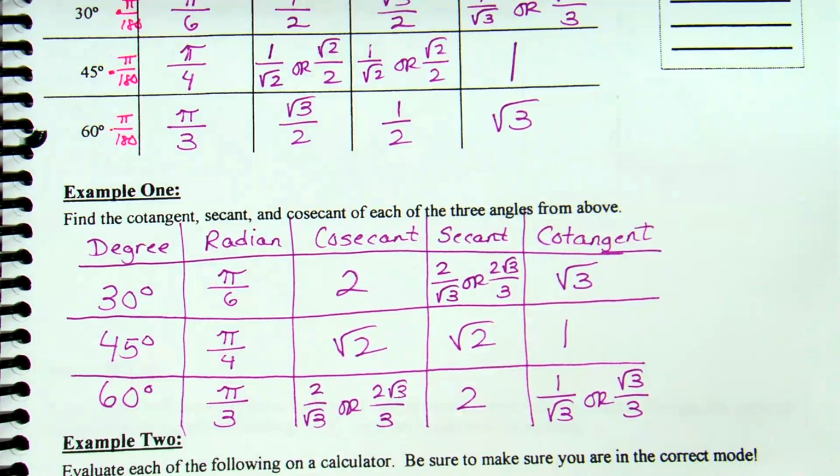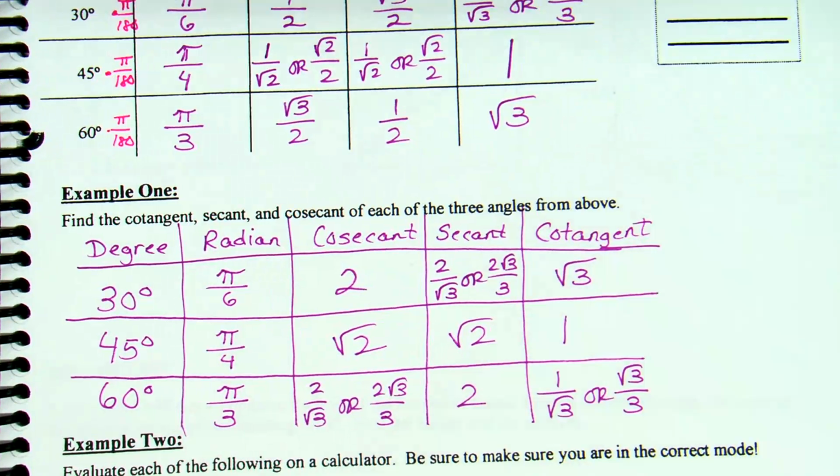So I want to prepare you. So 19, the very first problem you have to do in homework tonight, says evaluate without using a calculator. And you know what 19 says? Sine of pi over 3.